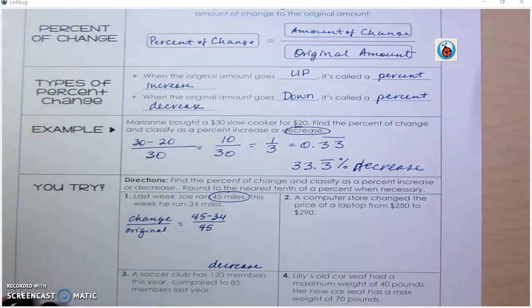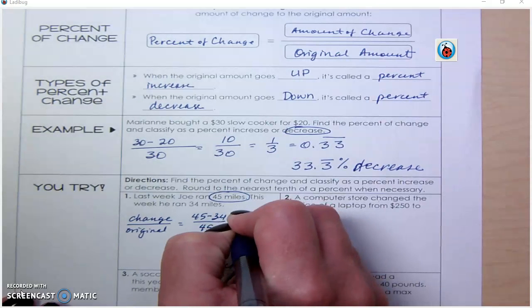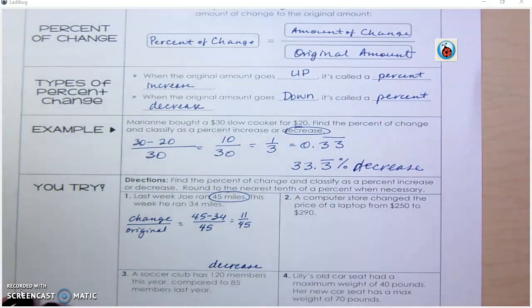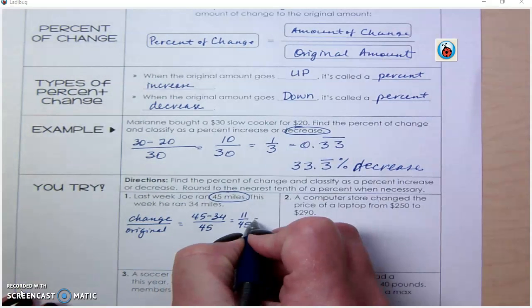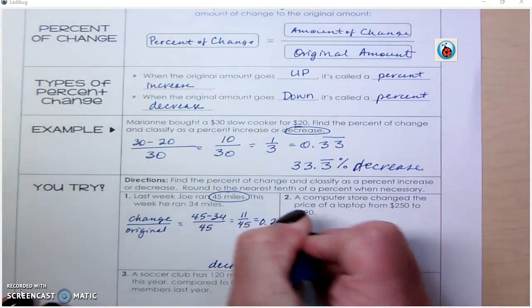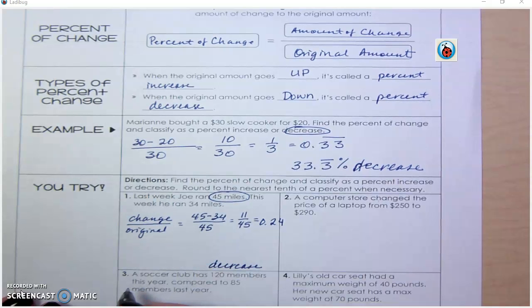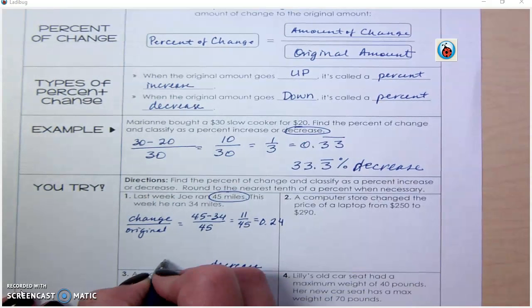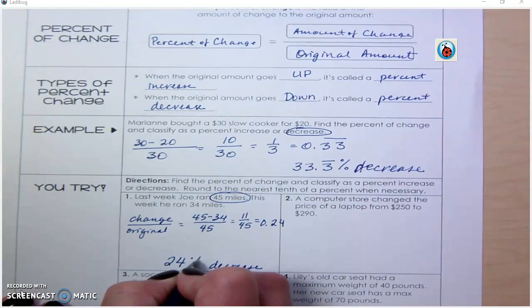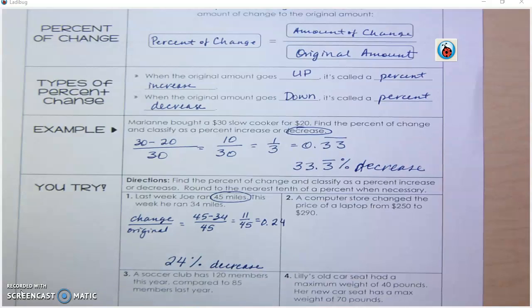And so 45 minus 34 will give us 11. 11 over 45 will be equaling 24%. Again, we have the value as a decimal when you do that division, and then we are writing it out as a percent value.